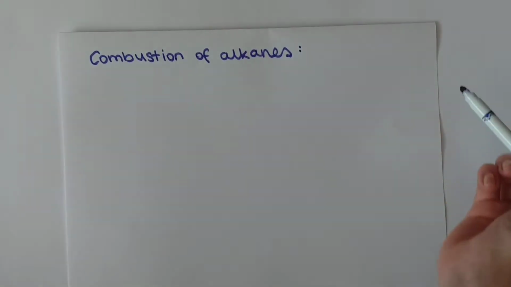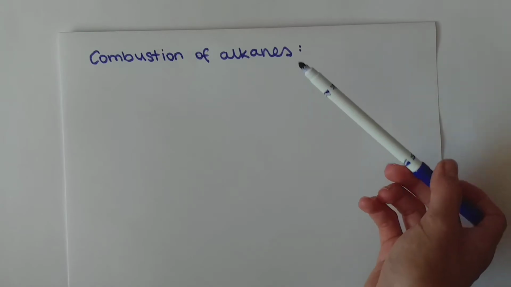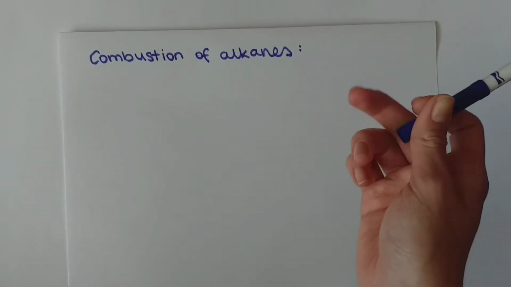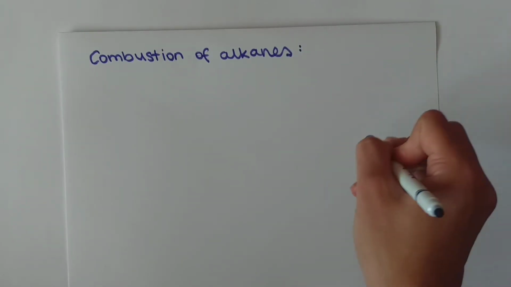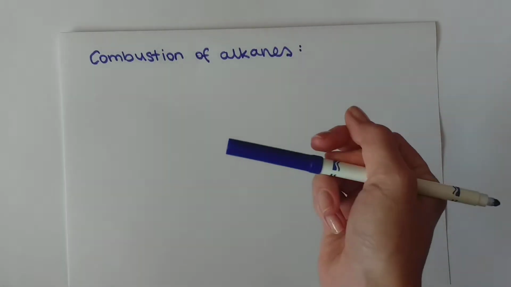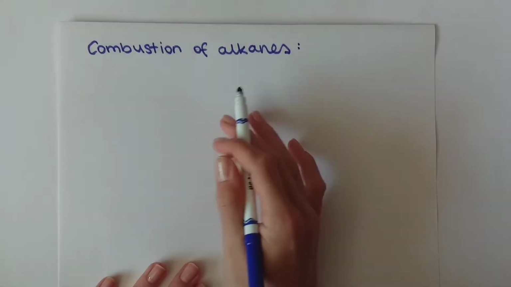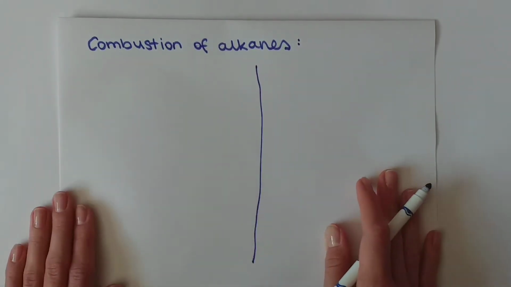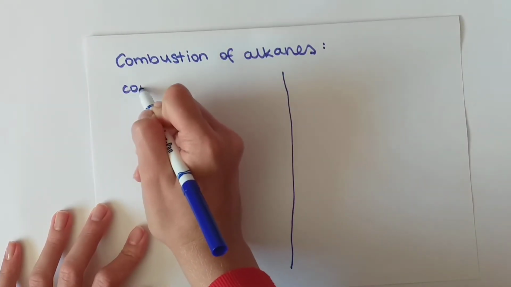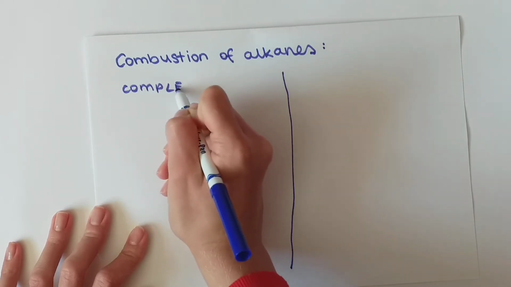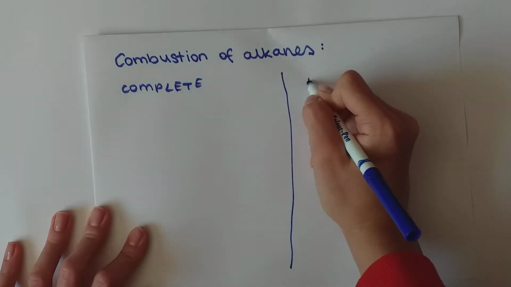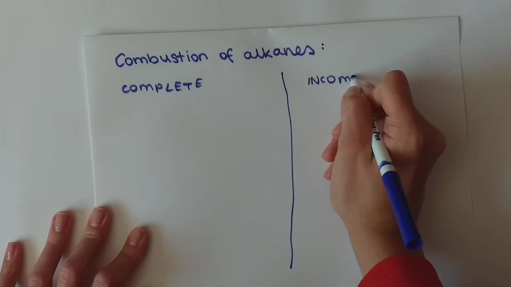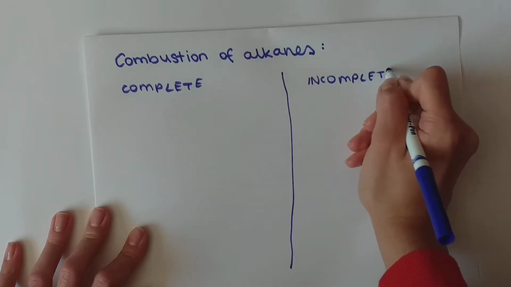So we are starting with the combustion of alkanes. It's one of the first topics in your organic chemistry. Here at the beginning, we have two types of combustion of alkanes: complete combustion and incomplete combustion.